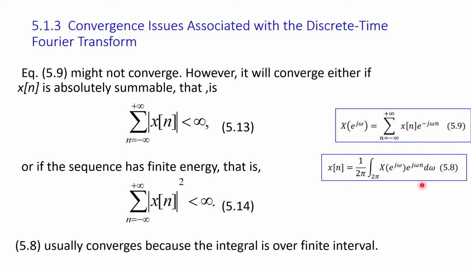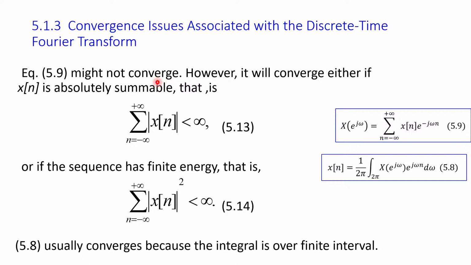Obviously this e to the j omega n is periodic in 2 pi too, because n is an integer value. We also see the convergence relationship: if x is either absolutely summable or finite energy, then the Fourier transform will usually converge.